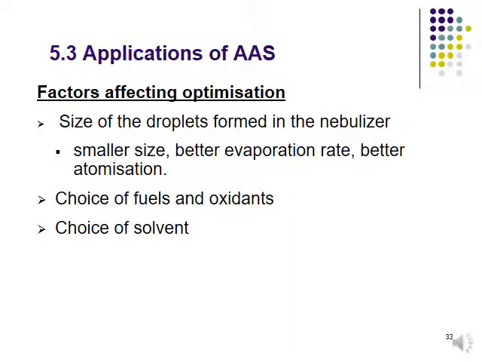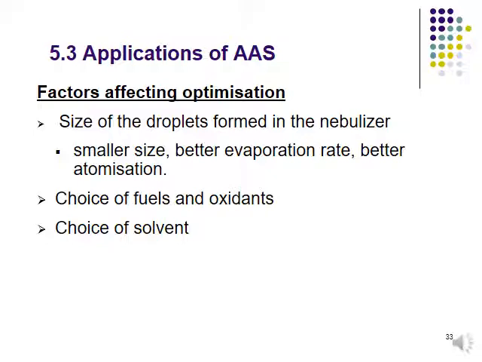Next, there are factors affecting optimization. We can consider the size of the droplet in the nebulizer, because the smaller the size, the better the evaporation rate and the better the atomization.